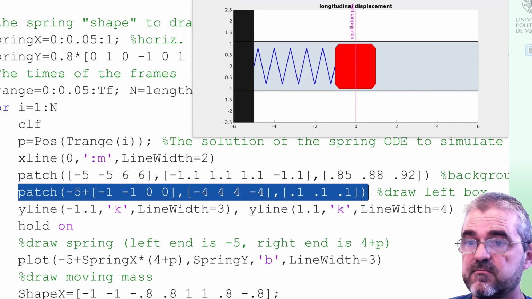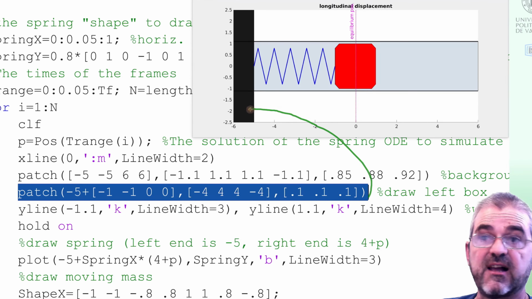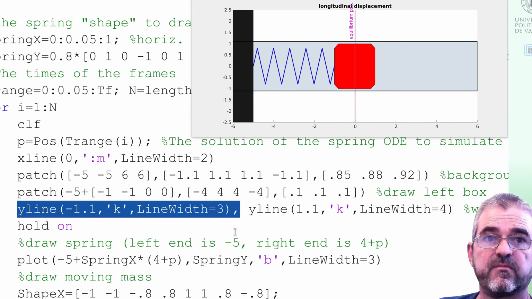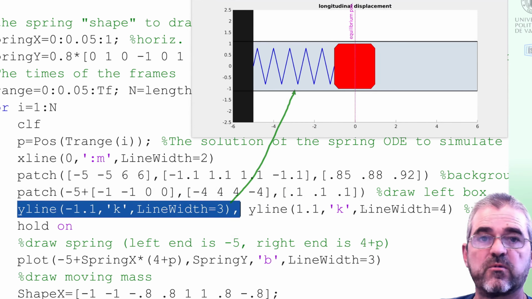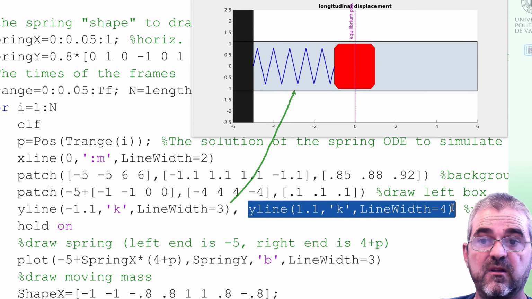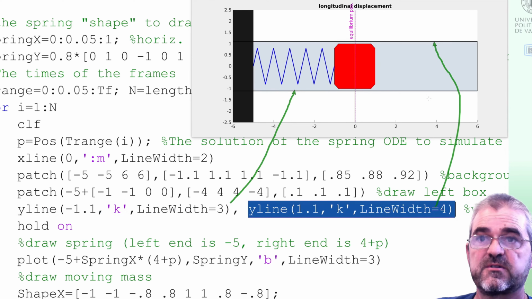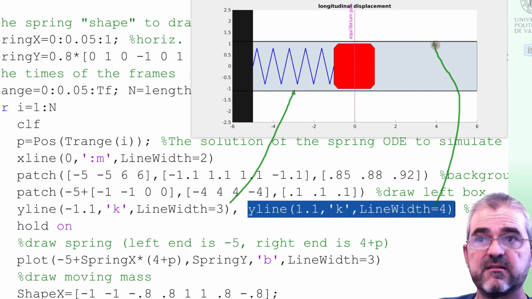And this line here draws this almost black left end. This yline draws this horizontal stuff. And this one draws the other horizontal line.